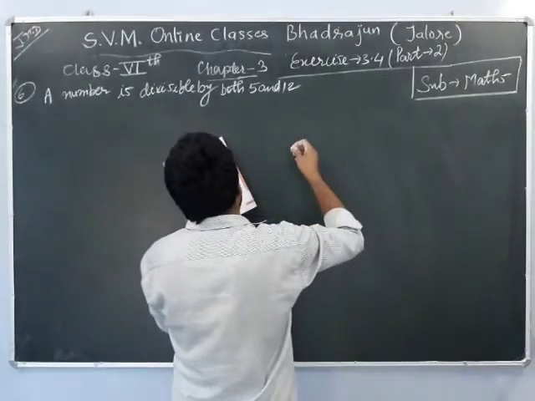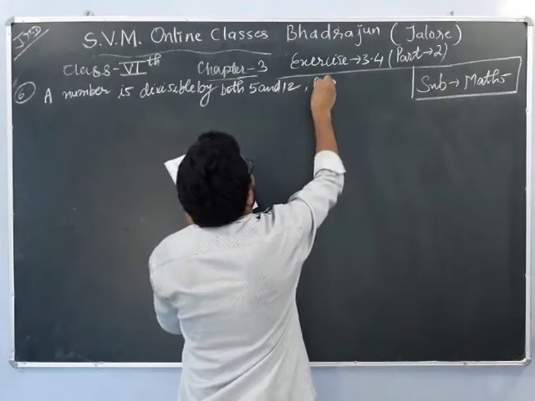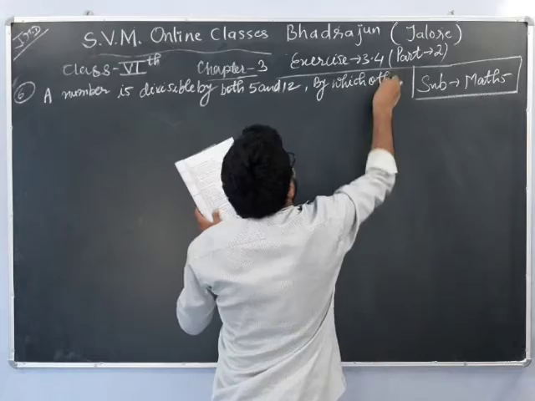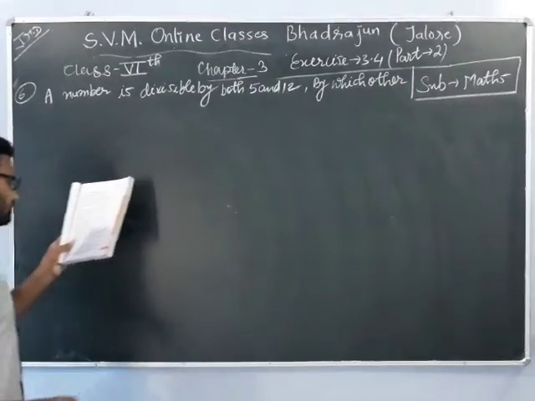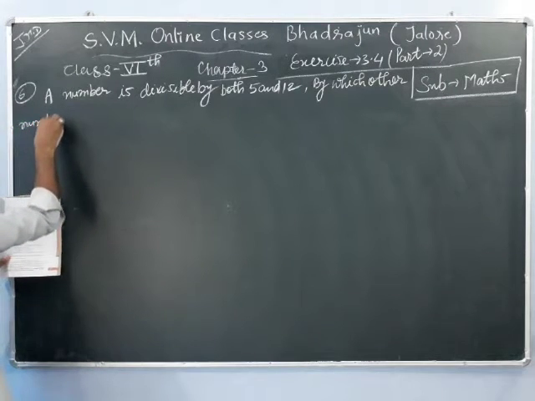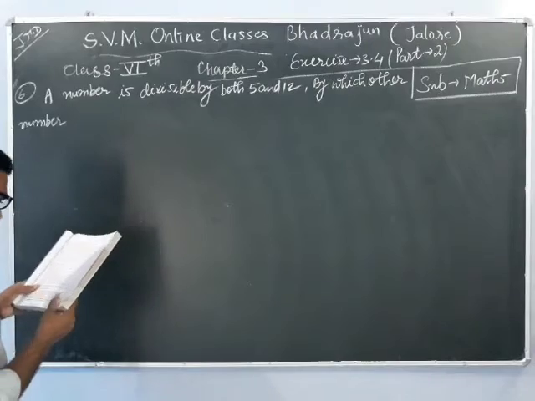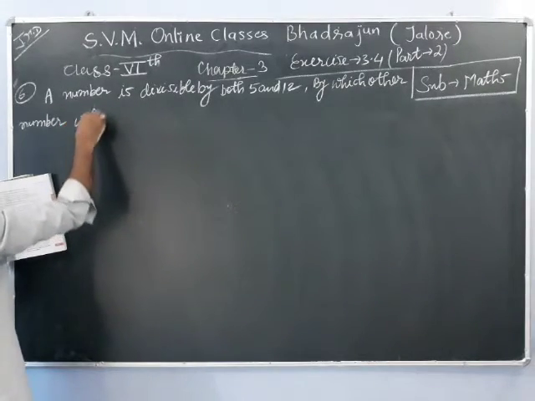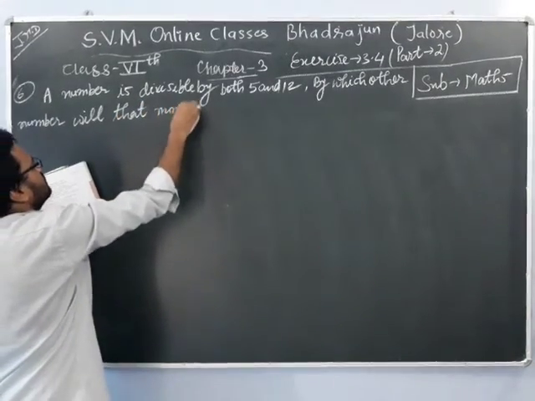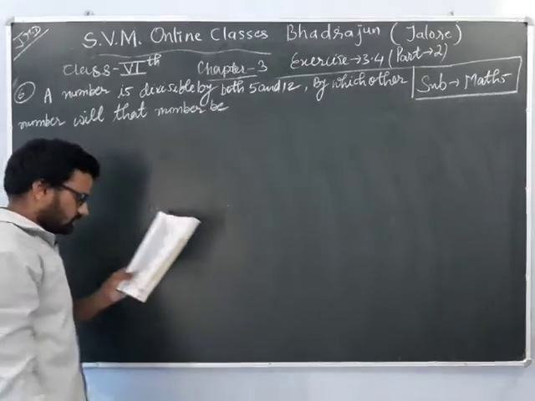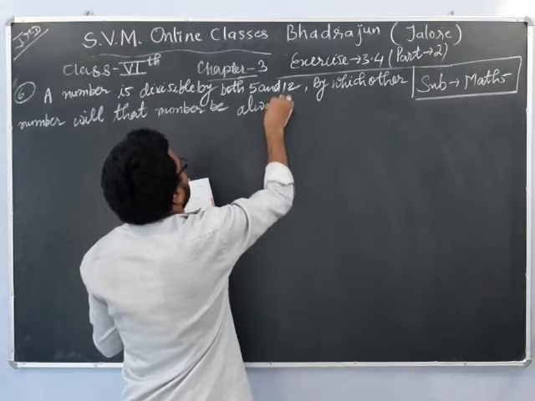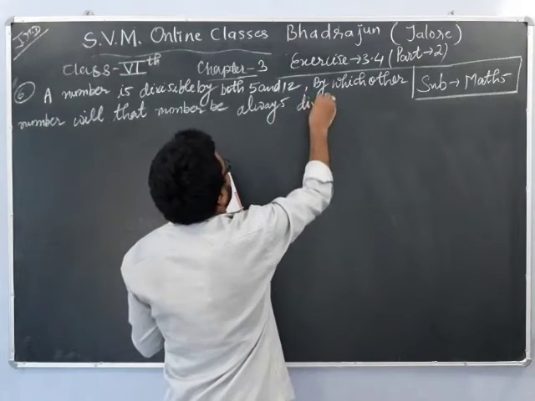By which other number will that number be always divisible?